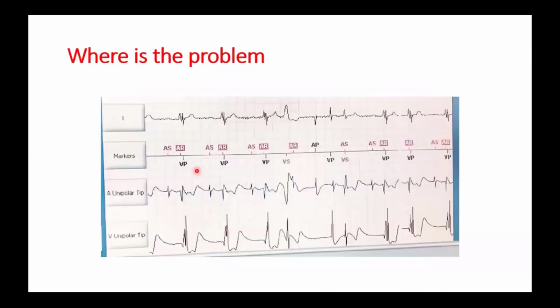Then here's the interrogation. Can anyone answer this question? Is there a problem in sensing or a problem in capture in the atrial lead? We want a full comment on the function of the atrial lead and a full comment on the function of the ventricular lead.